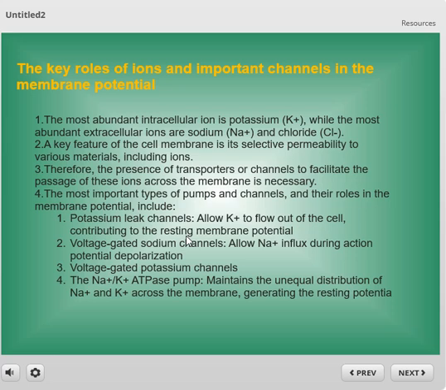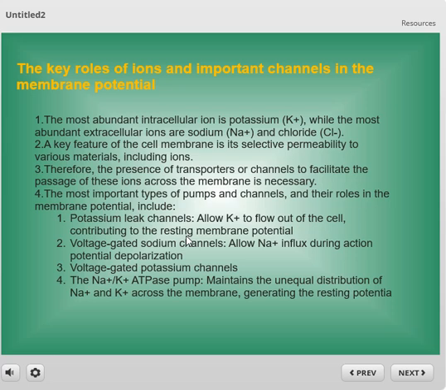This outward flow of potassium is the primary contributor to the negative resting membrane potential, around minus 50 millivolts in the neuron in the central nervous system.